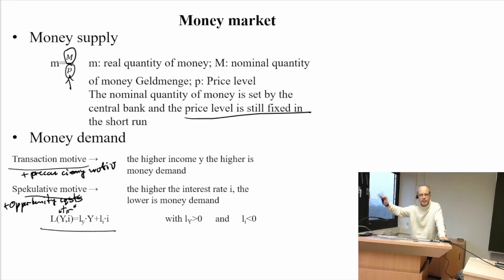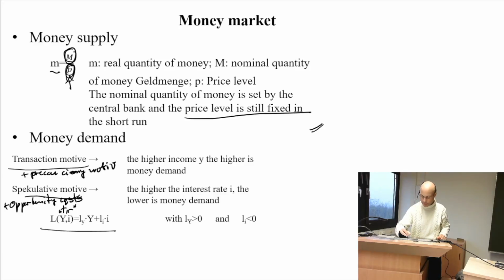So this is just a fixed number in the IS-LM model. And if this is a fixed number, then of course the central bank can also set the real amount of money, since they can set the nominal amount of money and prices are fixed.